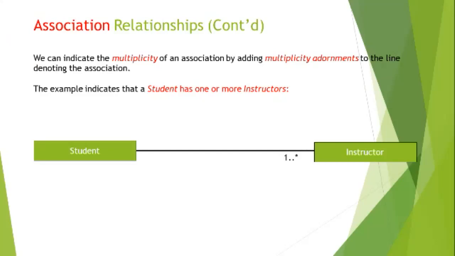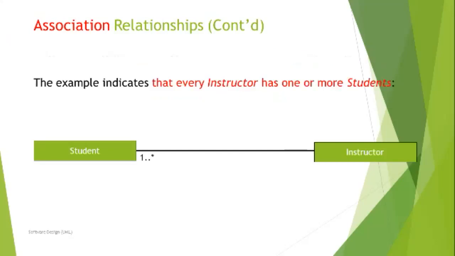The example indicates that a student has one or more instructors. Student, instructor. The example also indicates that every instructor has one or more students. Here, the student and instructor relationship.